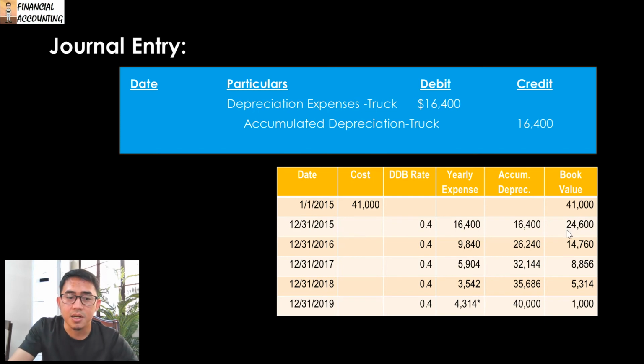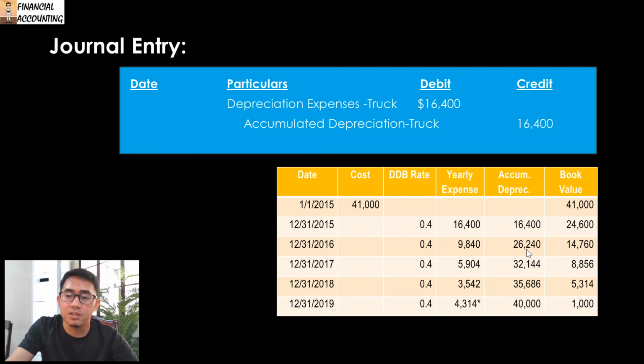On the second year, you will now multiply this remaining book value. Okay, take note of this. You will use this remaining book value, 24,600 times 40%, which equals 9,840. Okay, so you add that to your accumulated depreciation, so that's 26,240.